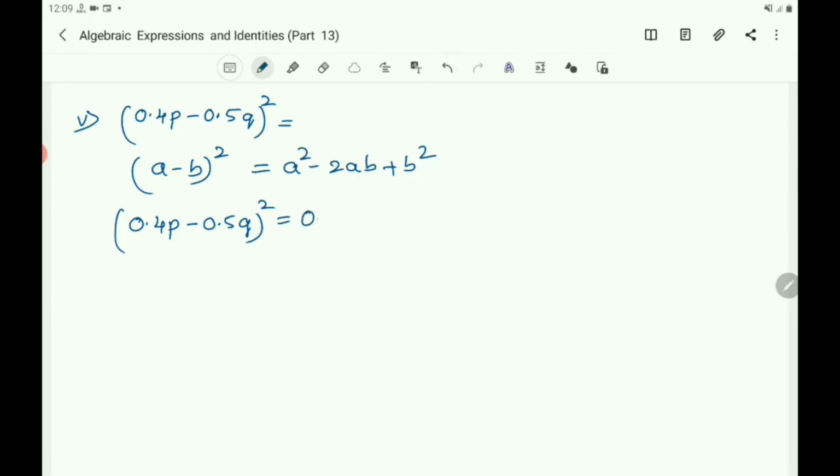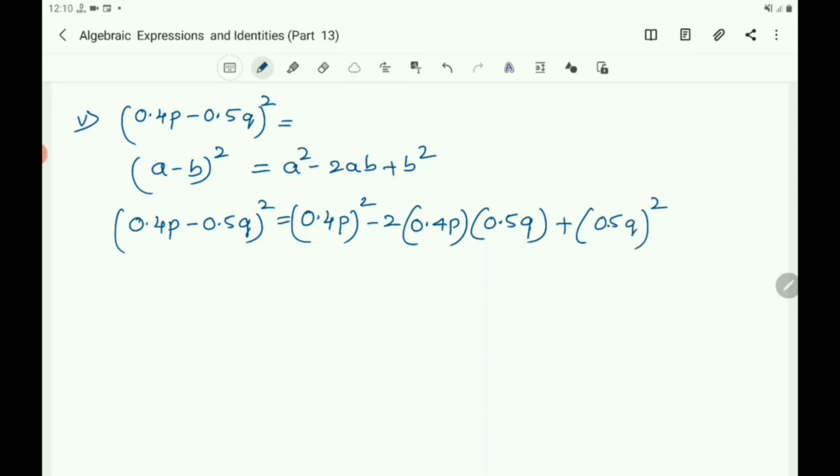Then it is 0.4p whole square minus 2 into 0.4p into 0.5q plus 0.5q whole square.